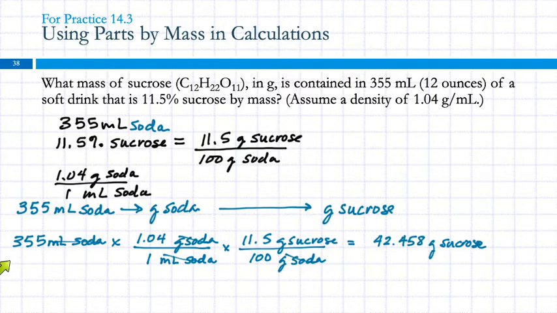It's not an exact number. 3 sig figs. Density, 3 sig figs. The percentage here, 3 sig figs. When we say per 100, the 100 is exact. It's by definition. But the 11.5 is not exact. So 3 sig figs there. So I should keep 3 significant figures in my answer. And I'm going to say there's 42.5 grams of sucrose in that can of soda.